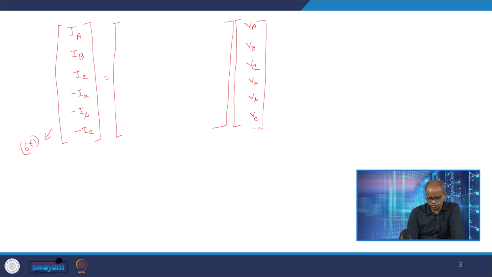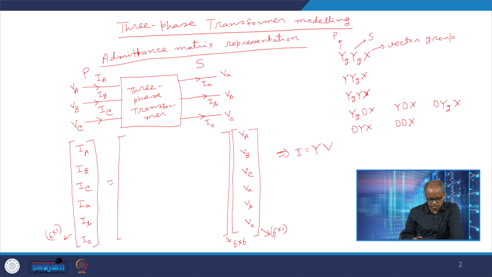Obviously, this also would be a 6 cross 6 matrix, but some of the elements of this matrix would be negative as compared to those corresponding elements in this matrix, because now we have taken these currents to be negative.